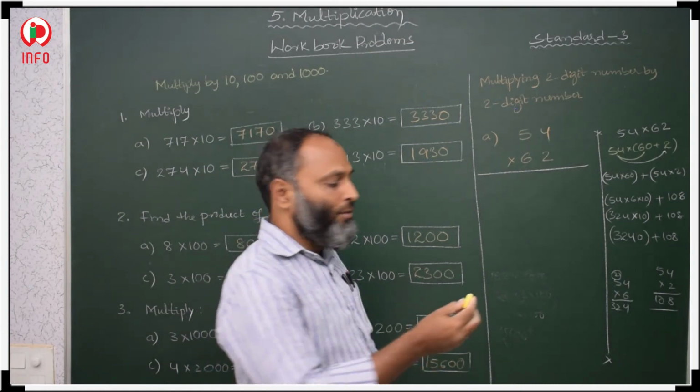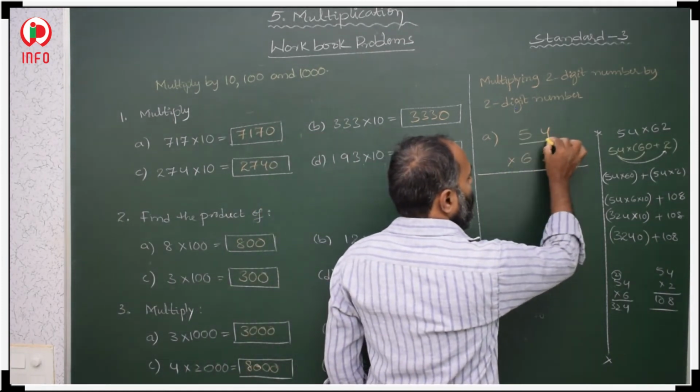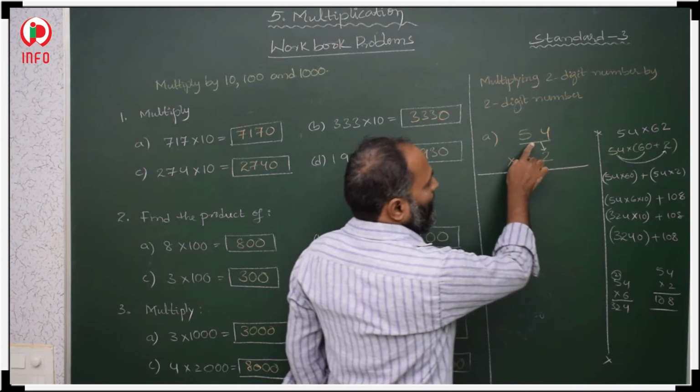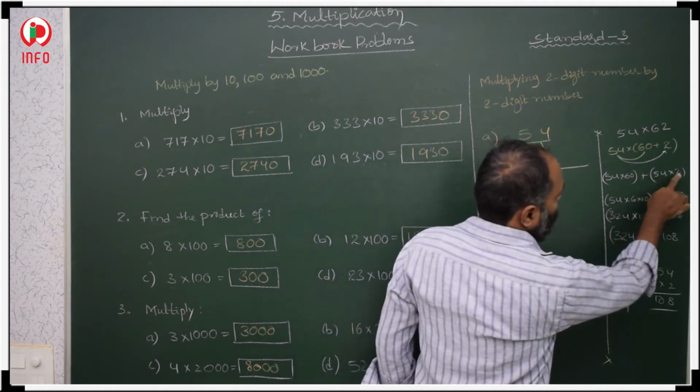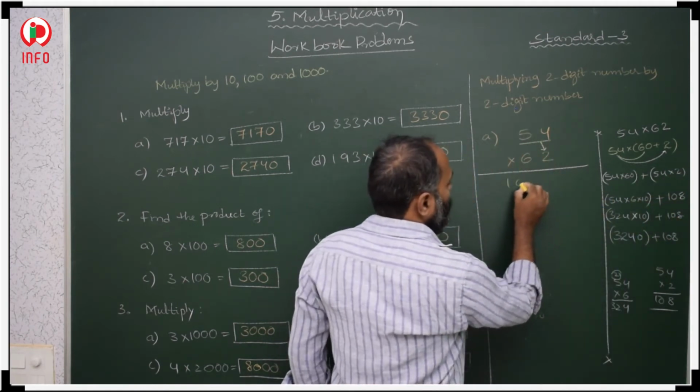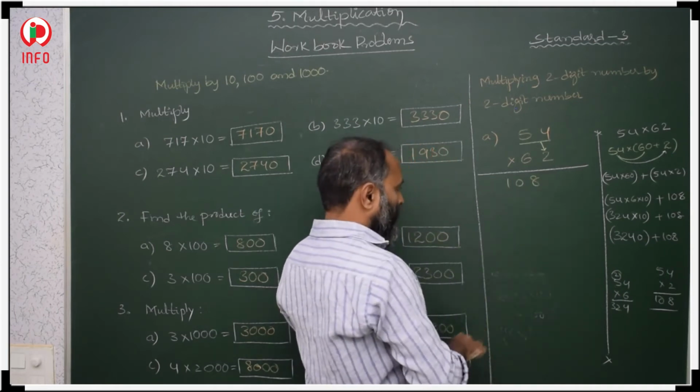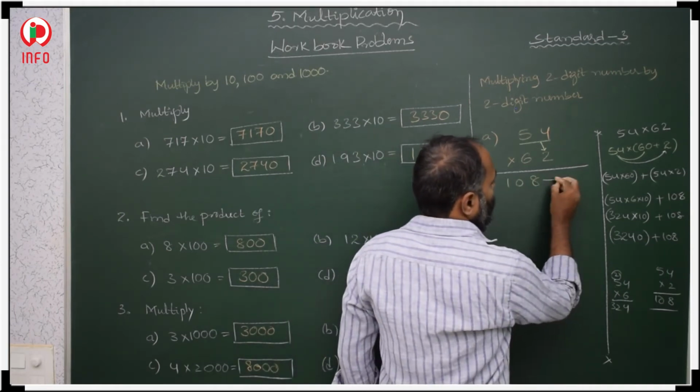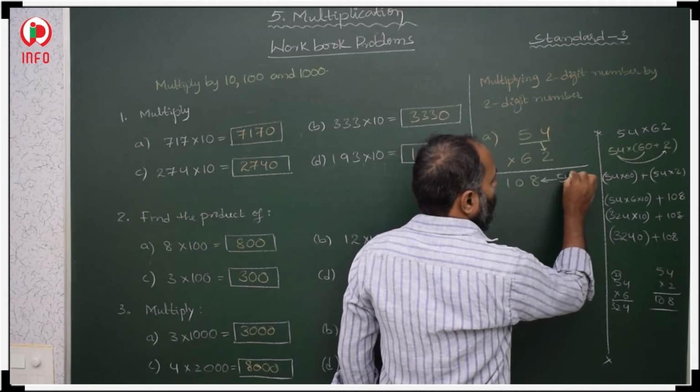Now how to do this? 54 with 2 first. What is 54 2s are? 108. That we have to write. So here it represents 54 2s are.